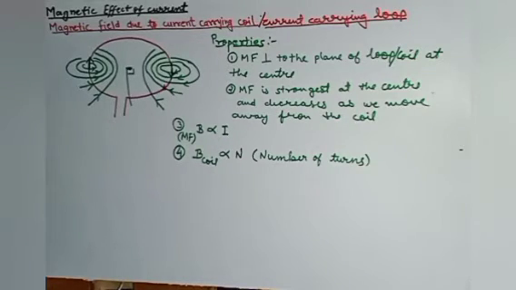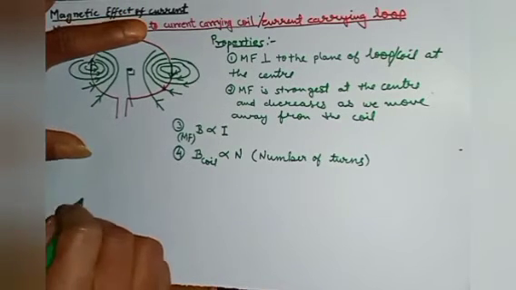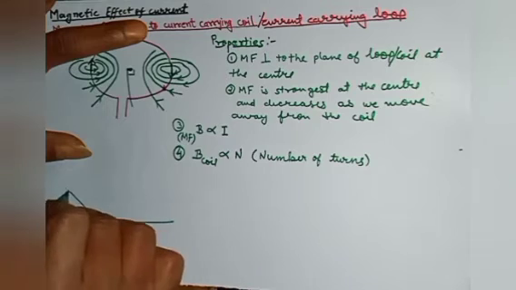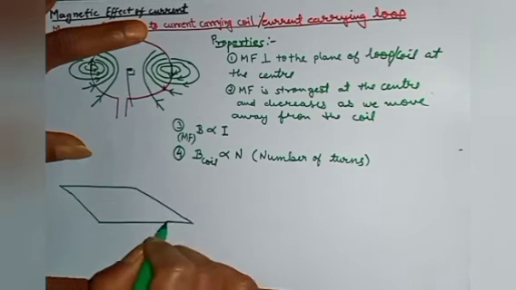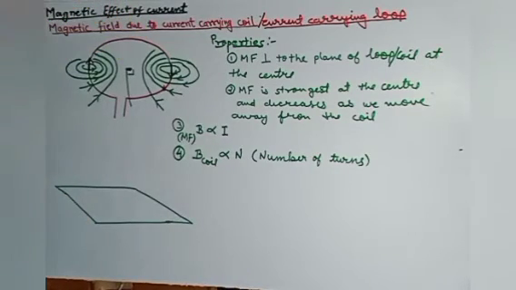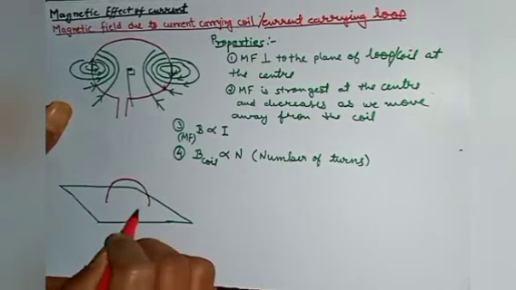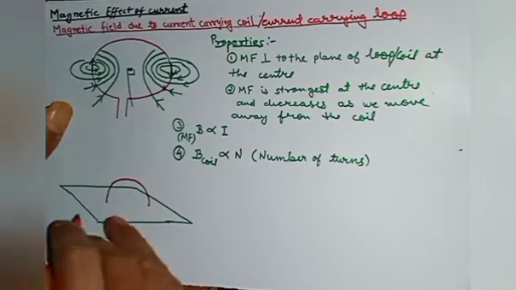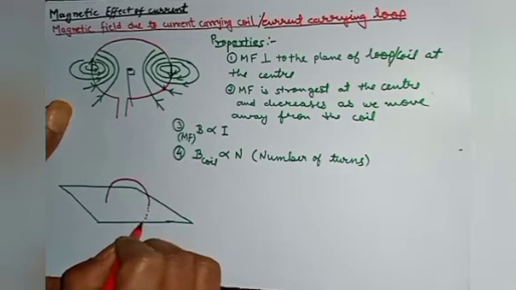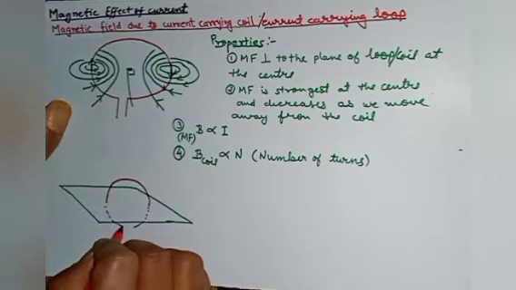See, this question can be asked in a different way. Sometimes there is a diagram and they can ask using this diagram. There's a cardboard and a coil which is half visible on the upper side. It is something like this.